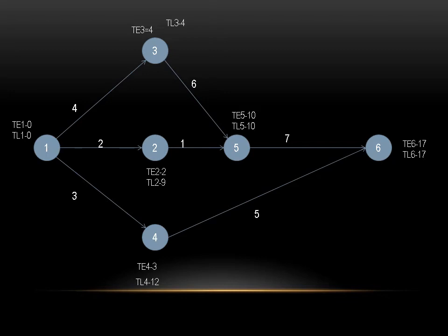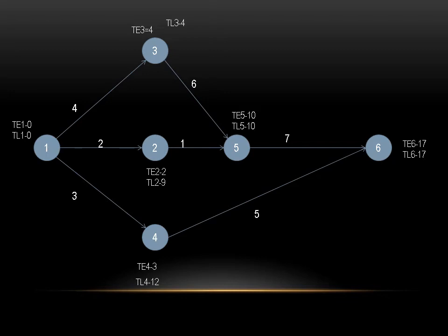Now why at TL it is 0 and not the maximum value? You might get confused. Why is it not the maximum value in this case? See, 3 to 1, 2 to 1 and 4 to 1 are different ways of completion. 3 to 1 you can complete in TL3 minus 4, means 4 minus 4, 0.